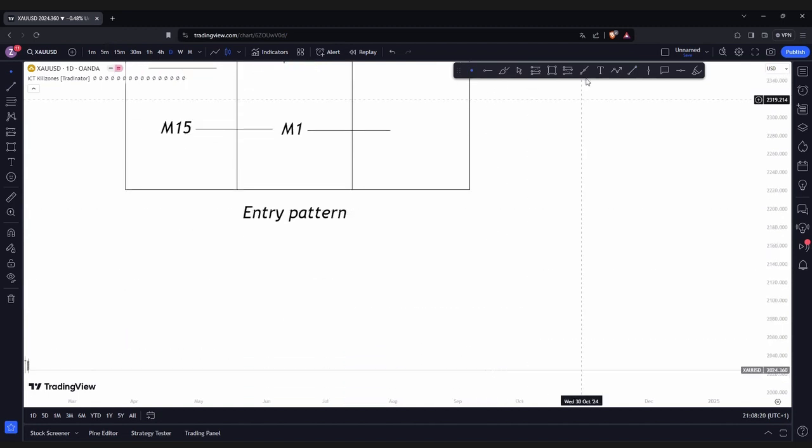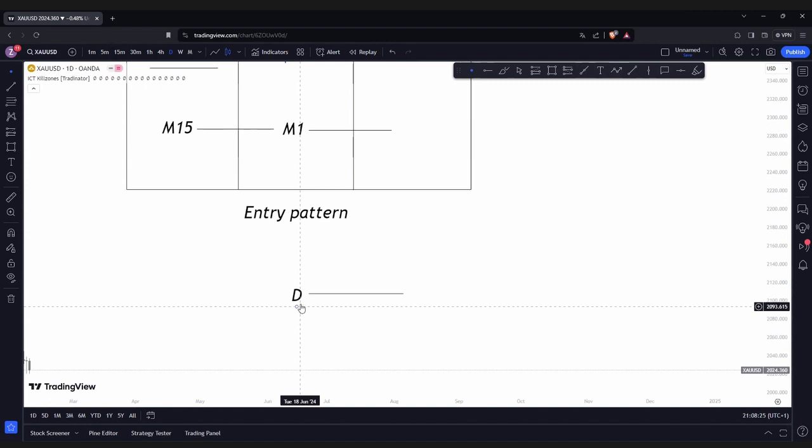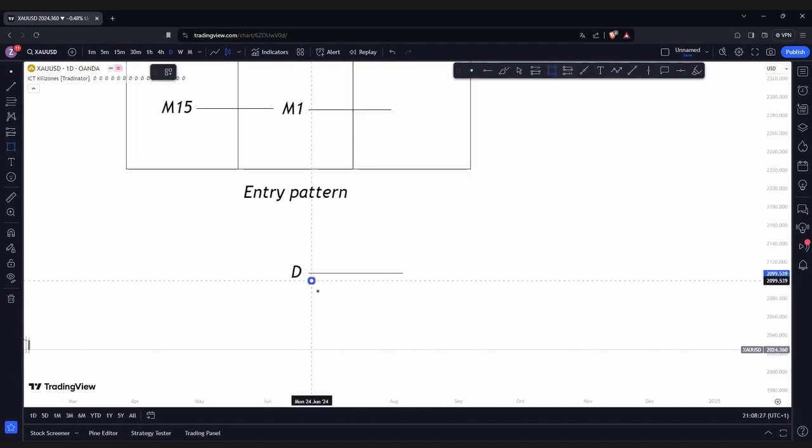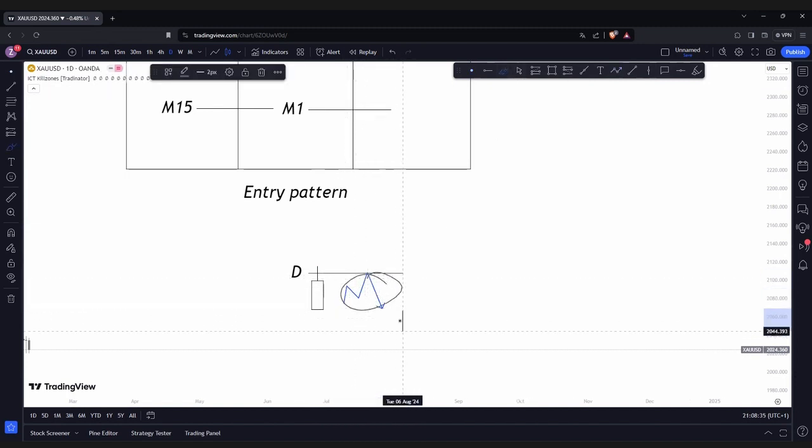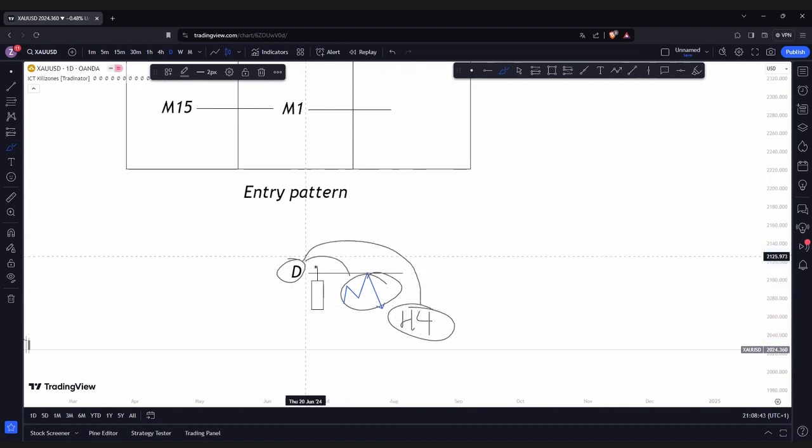Now, we talked about daily reject daily, and H4 breakout. So we said that the H4 breakout starts 1 time frame higher storyline, which is the daily.